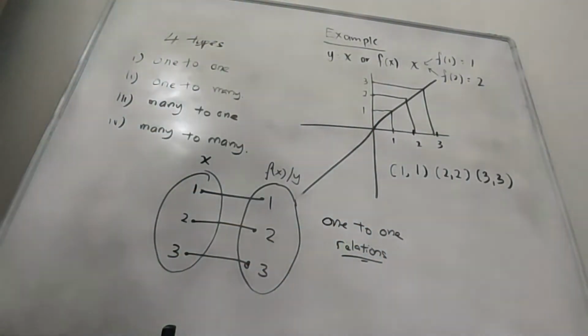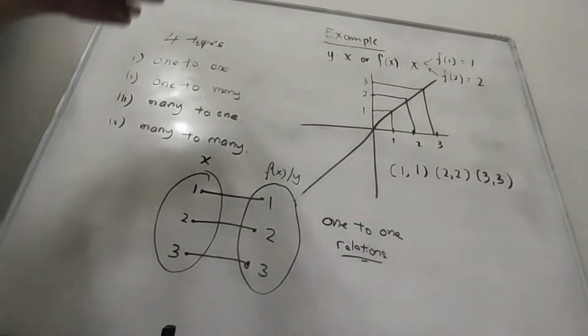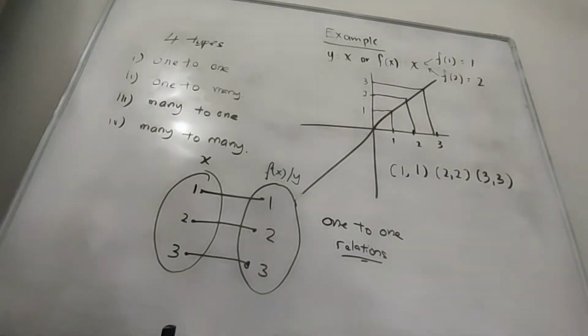Okay, the next thing I will talk about is the one-to-many relations inside the functions. The most obvious example is the quadratic equation. Let's talk about the second type of relations inside the functions, known as one-to-many relations.